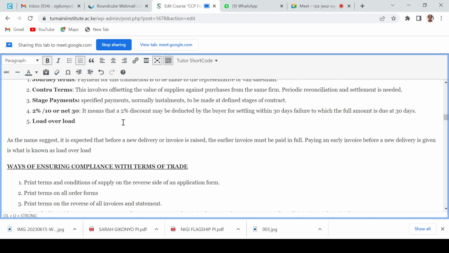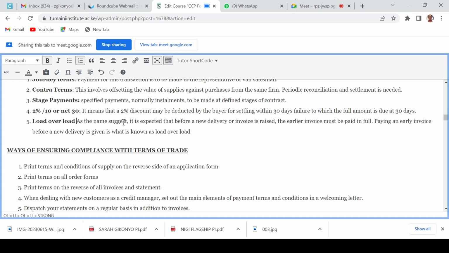Wale wa petrol station huwa wanaambiwa tukileta lori ya mafuta leo, payment itafanywa, tukileta ya pili ndio utalipia hiyo ya kwanza, because it's commonly used in fast moving goods, because wanajua mafuta itaisha kwa petrol station, so kesho tutakuletea ingine.